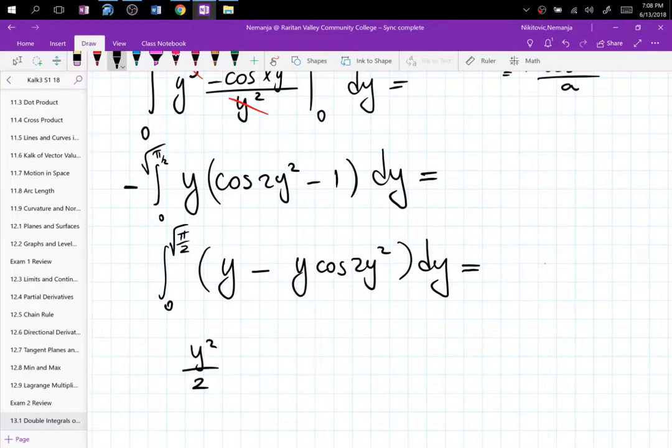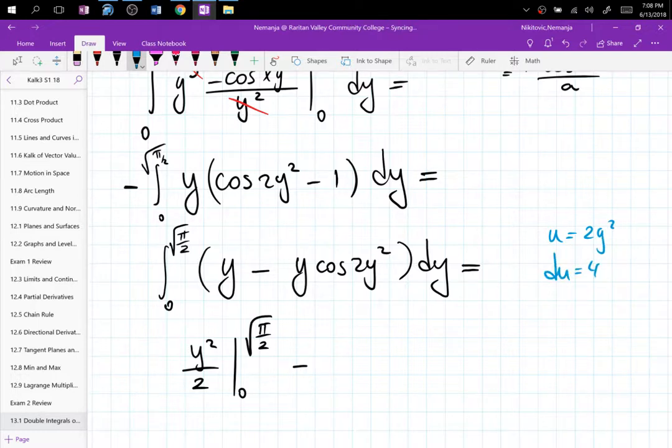That's y squared over 2 from 0 to square root of pi over 2 minus, and now for the second integral, well, we have u sub. u equals 2y squared, du equals 4y dy. I don't have 4y, so I have to fix that, right? So it's going to be a 1/4, so that quarter goes in front. And I have integral of cosine u du.